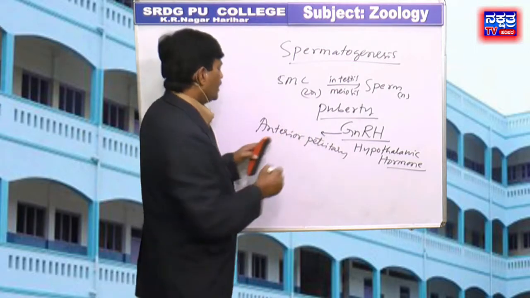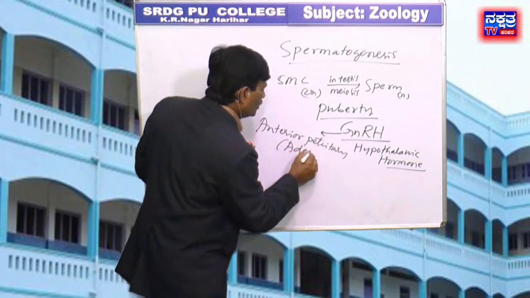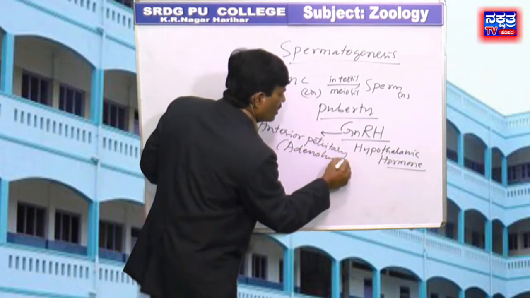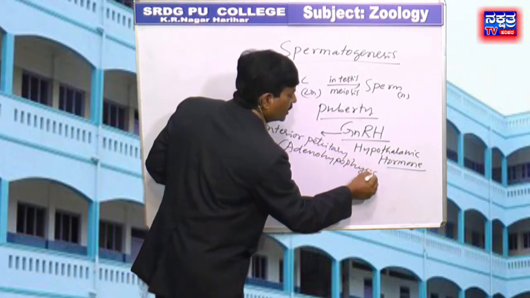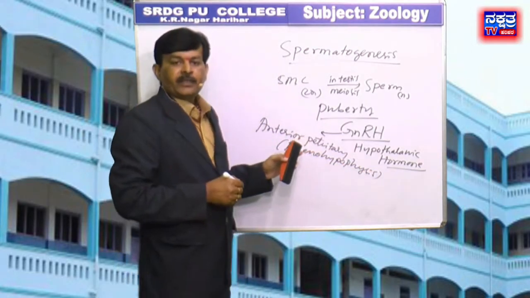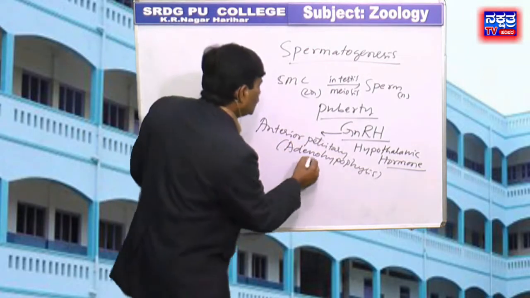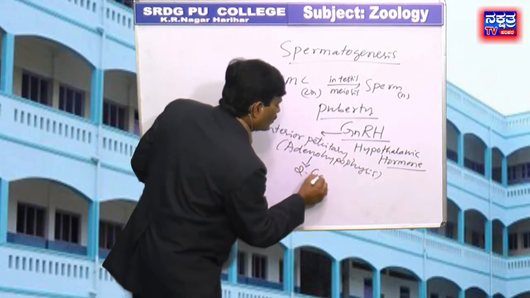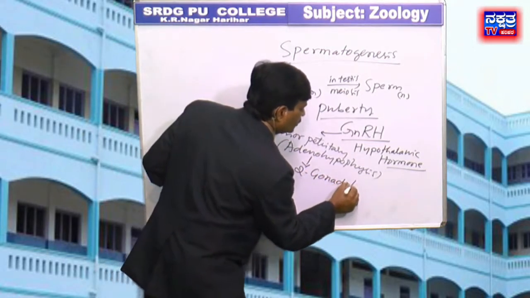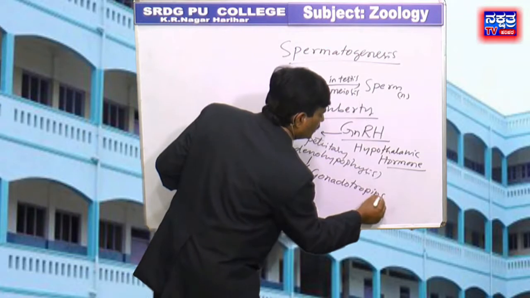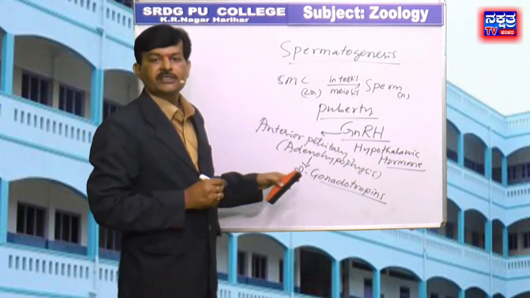The anterior pituitary is also called the adenohypophysis, and it stimulates the secretion of two gonadotrophins.